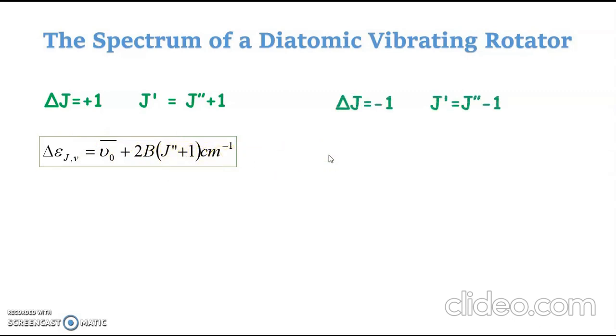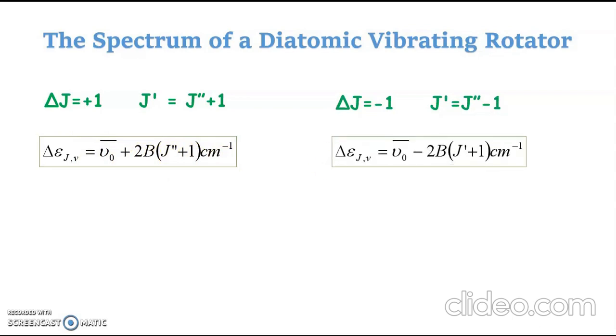And for delta J equal to minus 1 transition, you will get an equation having delta E J V equal to mu 0 bar minus 2B into J prime plus 1. You should keep in mind that here for delta J equal to plus 1, the lower energy state will be J double prime, and here since it is delta J minus 1, the lower energy will be in the upper state J prime.